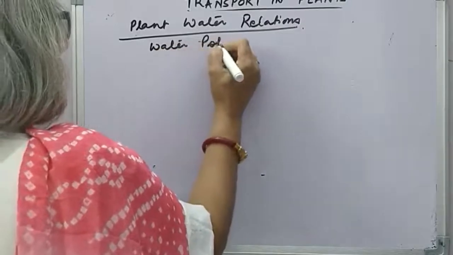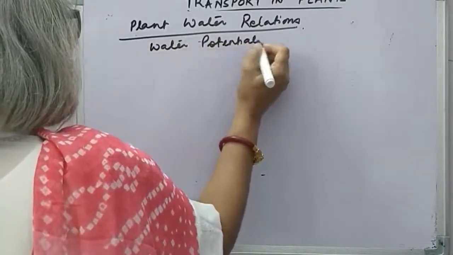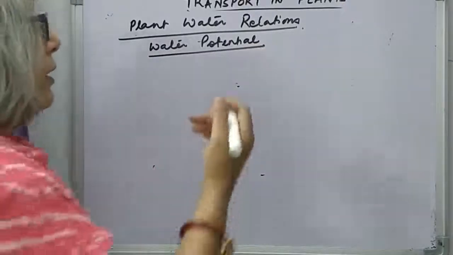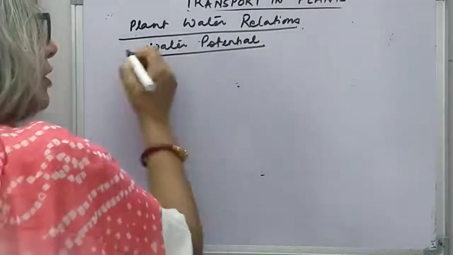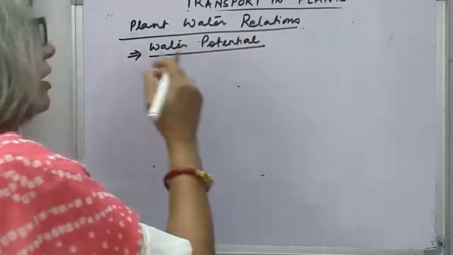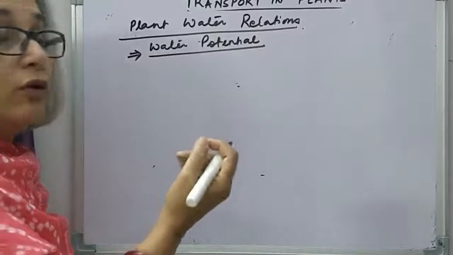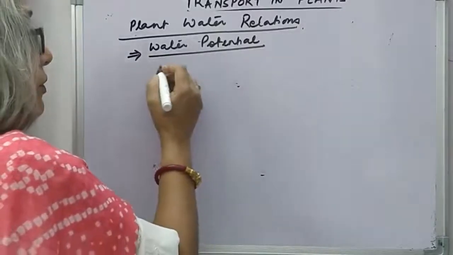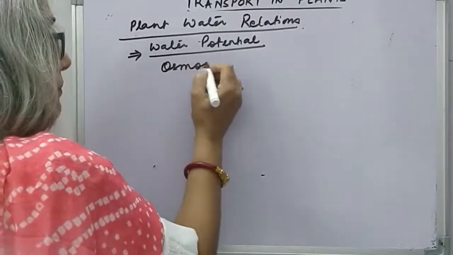One is water potential. The various phenomena that help in the movement of water in a plant, water potential, very important. We will be talking about this. Water potential is very important in the movement of water within the plant cells. Then osmosis.